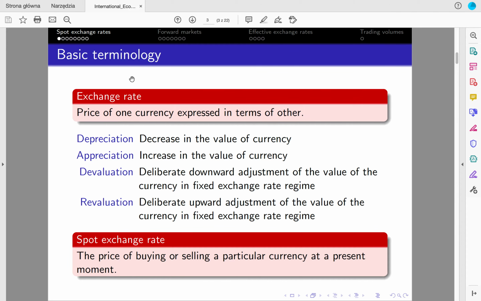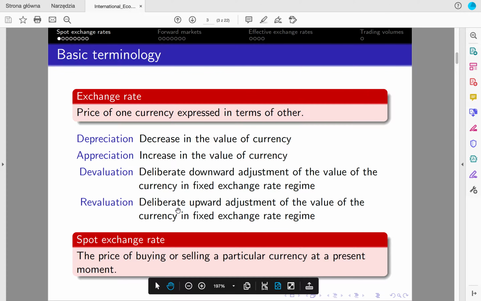Now, let's talk about something that might be new to you. Look, every time when we were talking about exchange rates in Introduction to Economic Analysis, for example, or when you were talking about macroeconomics or intermediate macroeconomics, you were actually talking about the spot exchange rate.